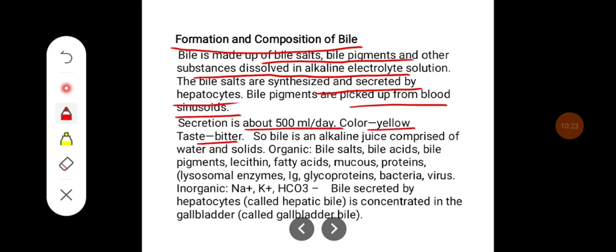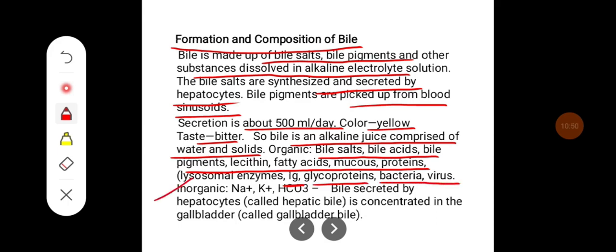It tastes bitter. So the bile is an alkaline juice comprised of water and solids. The organic components are mainly bile salts, bile acids, bile pigments, lecithin, fatty acids, mucus, proteins, and the lysosomal enzymes and immunoglobulins, glycoproteins, sometimes bacteria or virus.